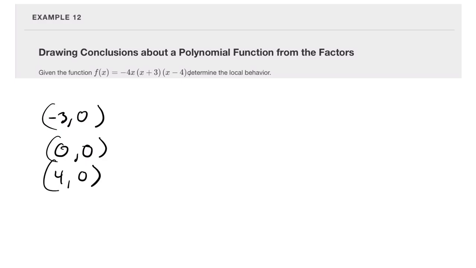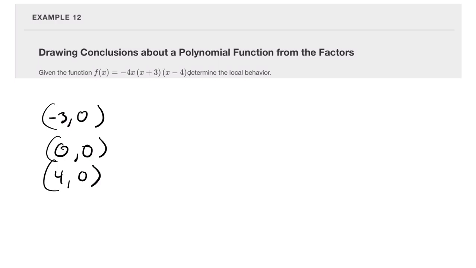So the x-intercepts, because it's already factored, we can find them quickly. Basically, the values of x that make these 0. Looks like we're going to have negative 3, 0, and 4. If we were to expand this, we would have a degree 3 polynomial.